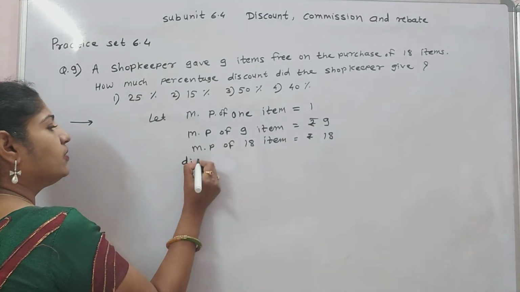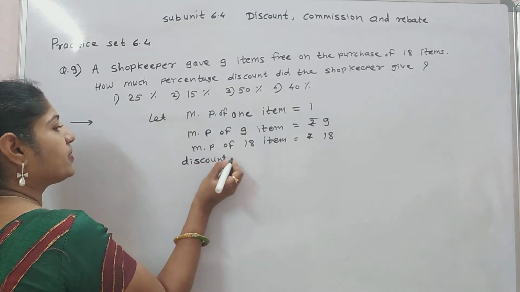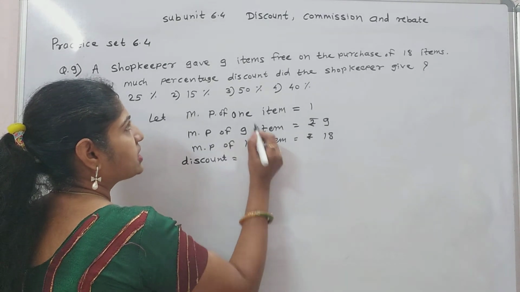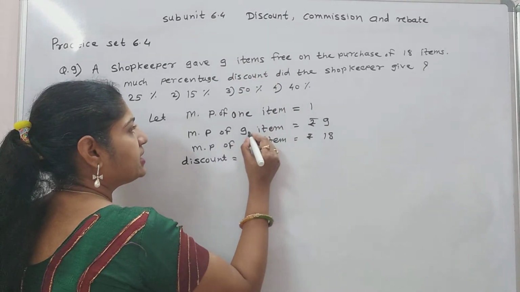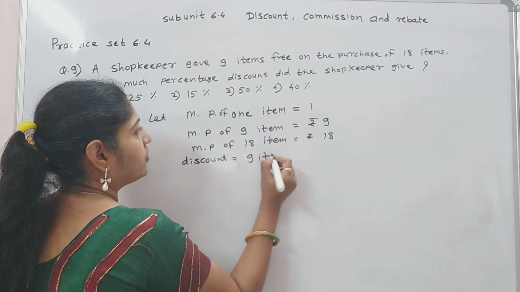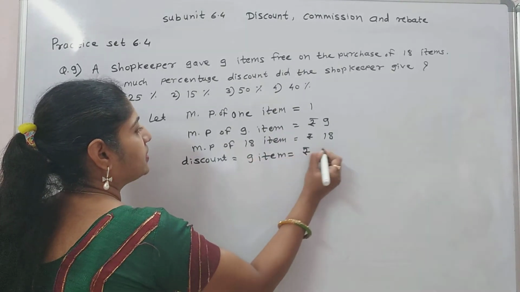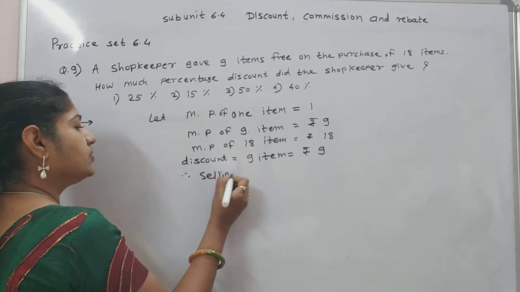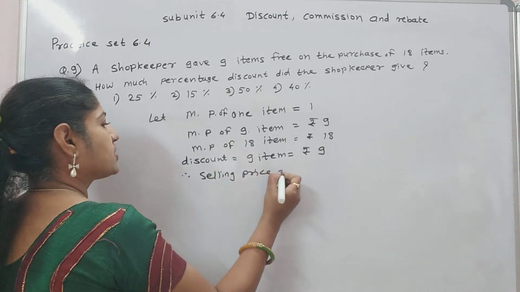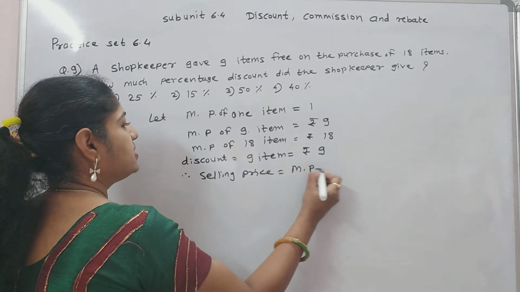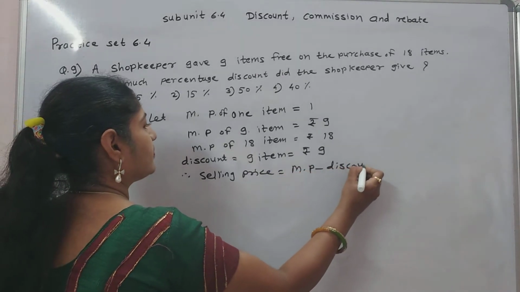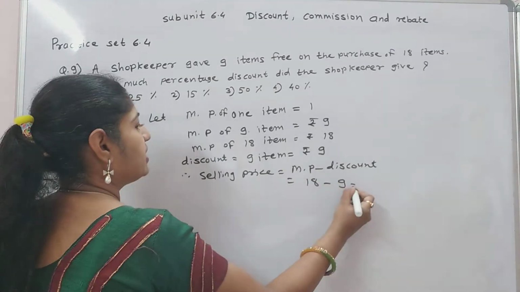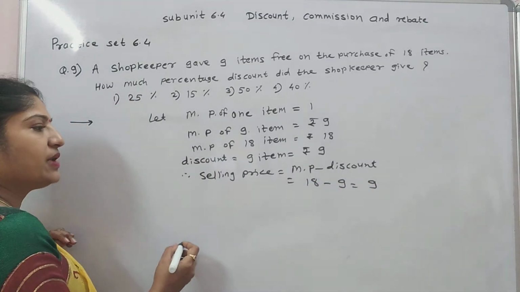So he gave the discount on the mark price. How much discount? He gave 9 items free, that is 9 rupees. Selling price equals mark price minus discount. Mark price 18 and discount 9, so the selling price is 9 rupees.